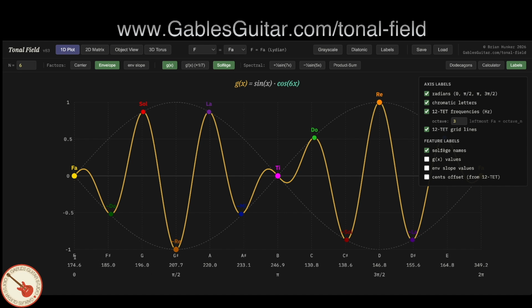These correspond to the chromatic letters F, F sharp, G, G sharp, A, and the frequencies in hertz which are attached to those letters. It's showing one particular octave, octave 3. I could switch it to octave 1 or bring it up to octave, well, it's going kind of fast. Let's go to octave 4. Octave 4 gives us our classic A440.